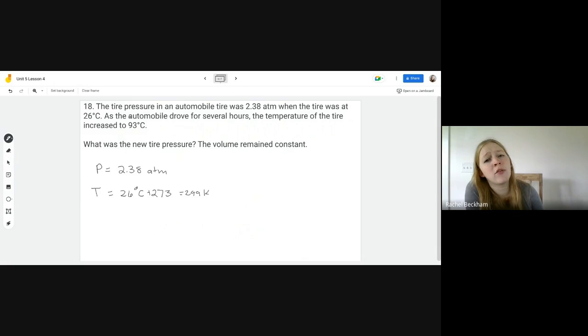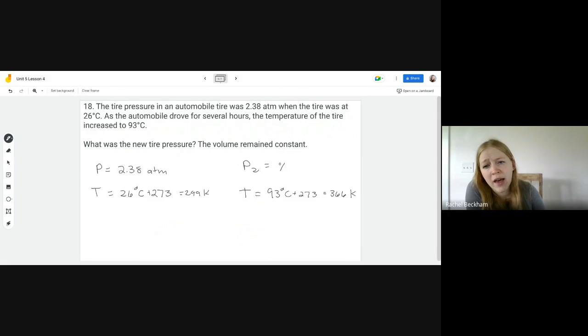As the automobile drove for several hours, the temperature of the tire increased to 93 degrees C. So let's add 273 to that, and I'm getting 366 for my new Kelvin there. And it says, what is the new tire pressure?